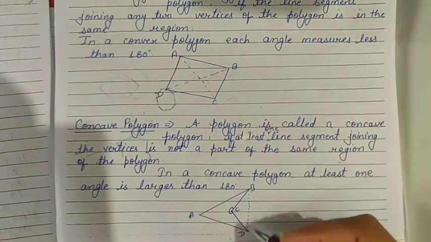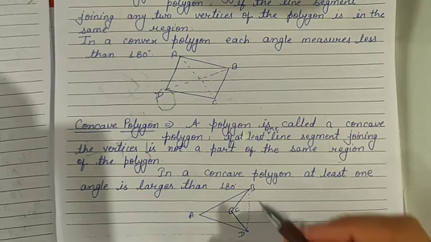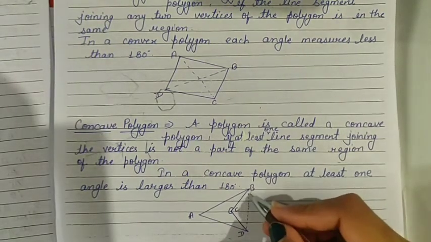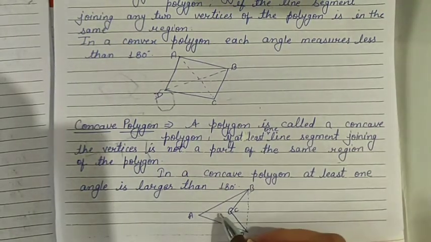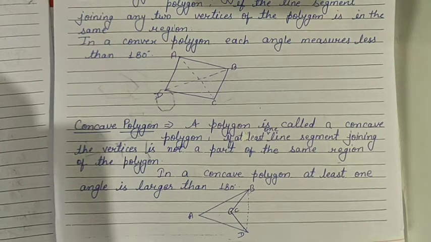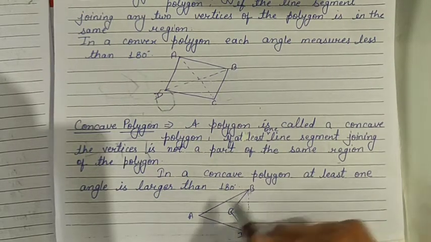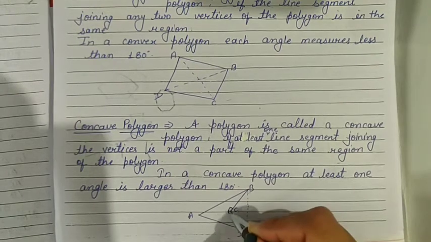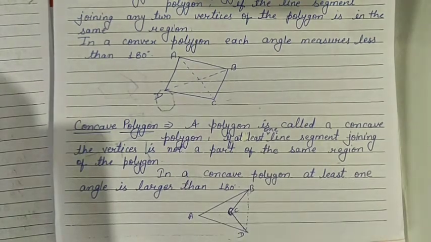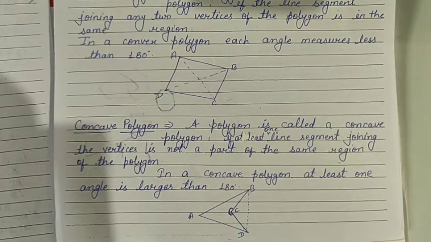If I join vertices B and D, then this line segment BD is not a part of this quadrilateral. So this is a concave polygon, and this angle measures larger than 180 degrees. Okay students, so these are convex and concave polygons.